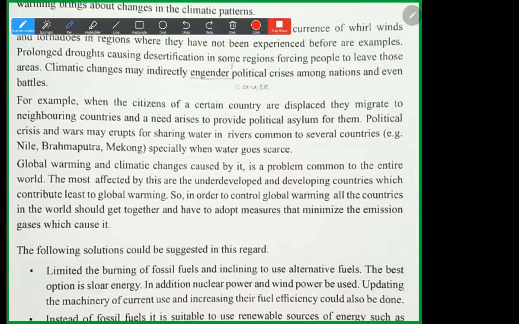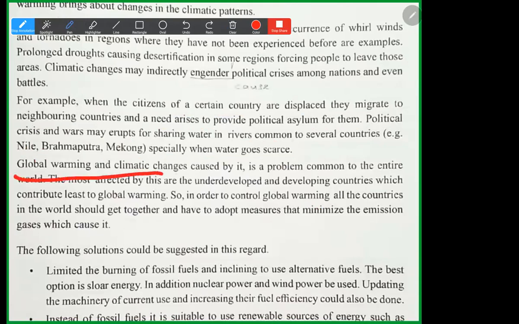For example, when the citizens of a certain country are displaced, they migrate to neighboring countries and a need arises to provide political asylum for them. Political crises and wars may erupt over sharing water in rivers common to several countries, for example the Nile, Brahmaputra, and Mekong, especially when water goes scarce.